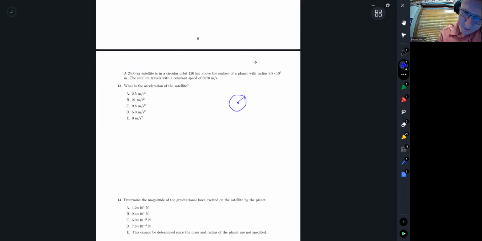Anyway, we've got this planet with a radius of 8.8 times 10 to the 6th meters, and a satellite is orbiting 120 kilometers above the planet.